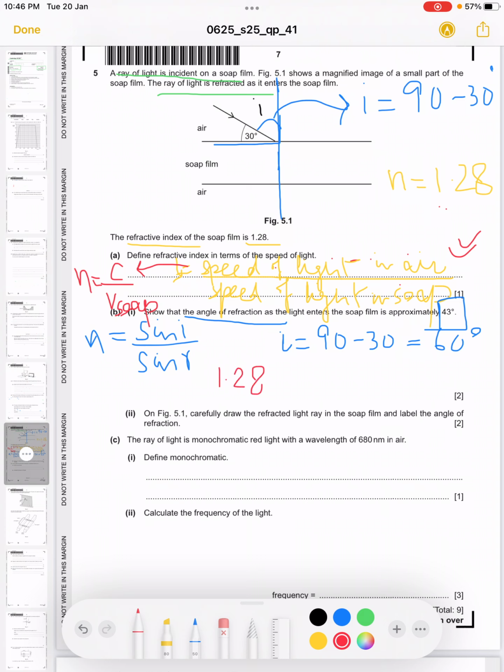1.28, the n value equals sine i, which is sine 60, divided by sine r.